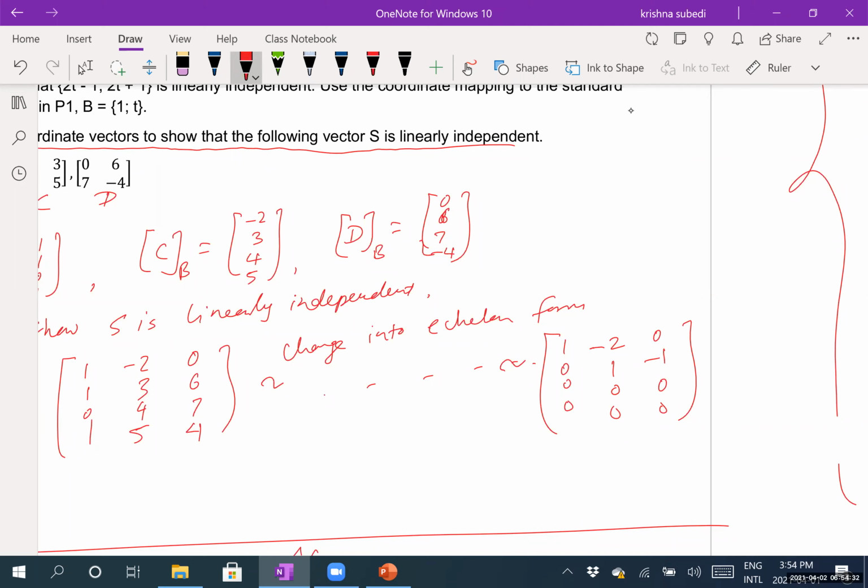So you see there are two pivots, this is our pivot, this is our pivot, but there is a free variable.